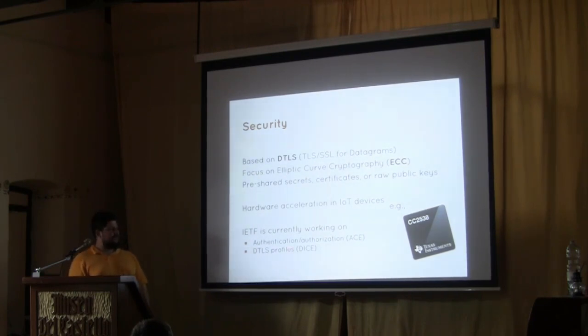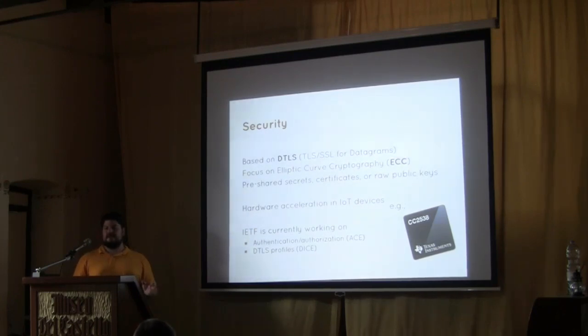And that's something where there's currently a lot of work happening. There's this authentication and authorization part, so authorization in constrained environments. And the other thing is DTLS profiles, to know exactly what we should take from DTLS. DTLS has this whole universe from transport layer security, so there are so many different cipher suites and so many different algorithms you can use.